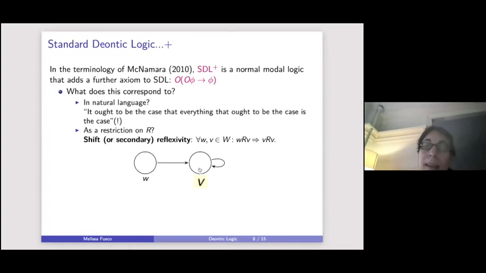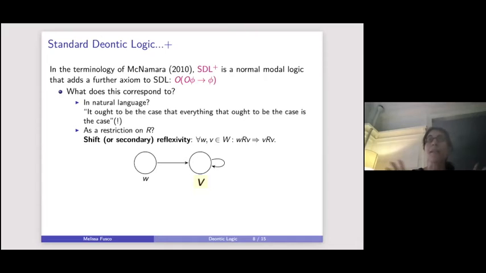Any world V which is in the image of the R relation, so it's hit by some arrow from some world, is also hit by an arrow from itself to itself. And I take it that the intuition here is something like, look, if V is a deontically ideal world, it has to think that it is itself deontically ideal. So there really could be, given the way the modal models work, a genuine variety in modal space of which worlds count as deontically ideal.